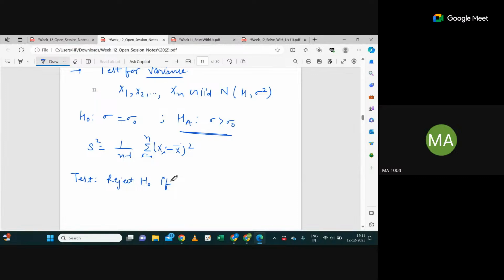Just think. We want to test for the population parameter. Mu is a population parameter we don't know, right? We will check it with the sample data.